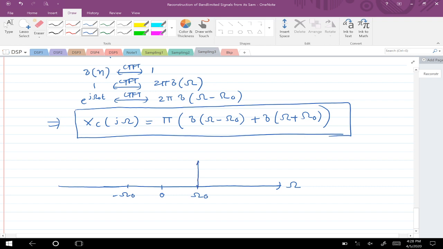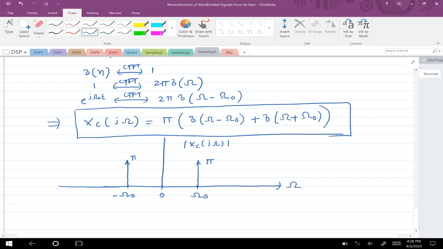What you have there are impulses, with magnitude multiplied by pi. This is the magnitude of xc of j omega, or simply xc of j omega.